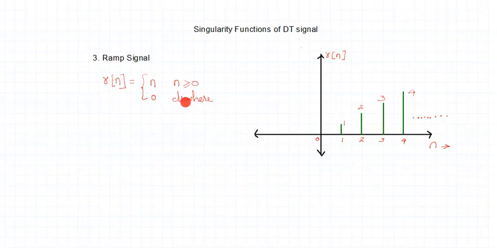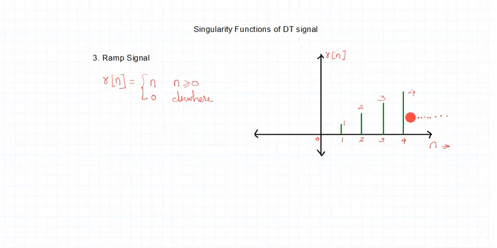Other than this, meaning all negative values of n, it is 0. It exists only for positive values of n. So how is the signal? r of n takes a value 0 when n is 0. When n is 1, r of n is 1. When n is 2, r of n is 2. When n is 3, it is 3. When n is 4, it is 4, and so on.